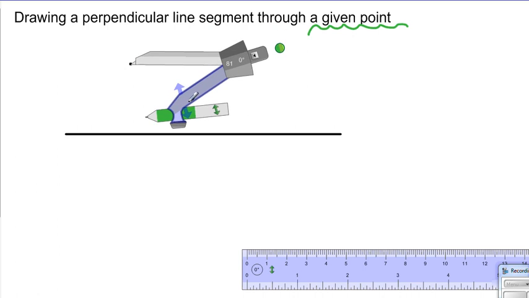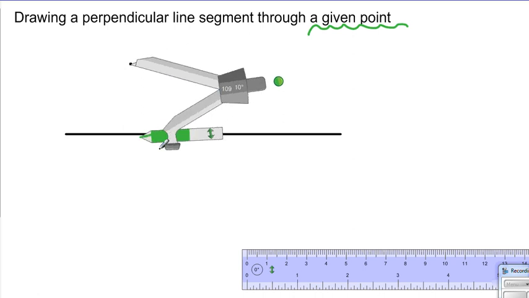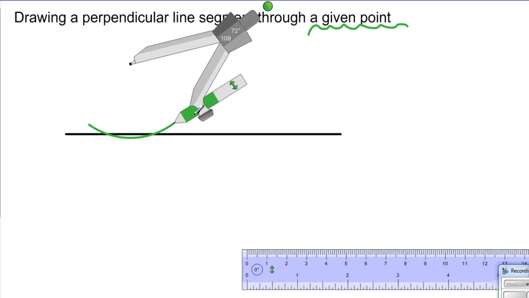But I'd like to open this up a little bit more than what I need to, so that when I draw an arc, I will know that it will show me 2 points that are equidistant away from this point.